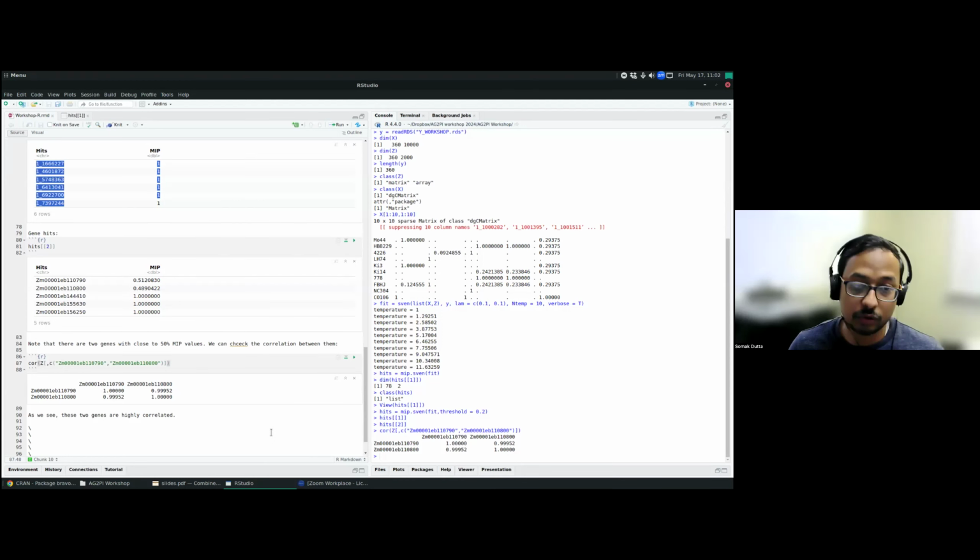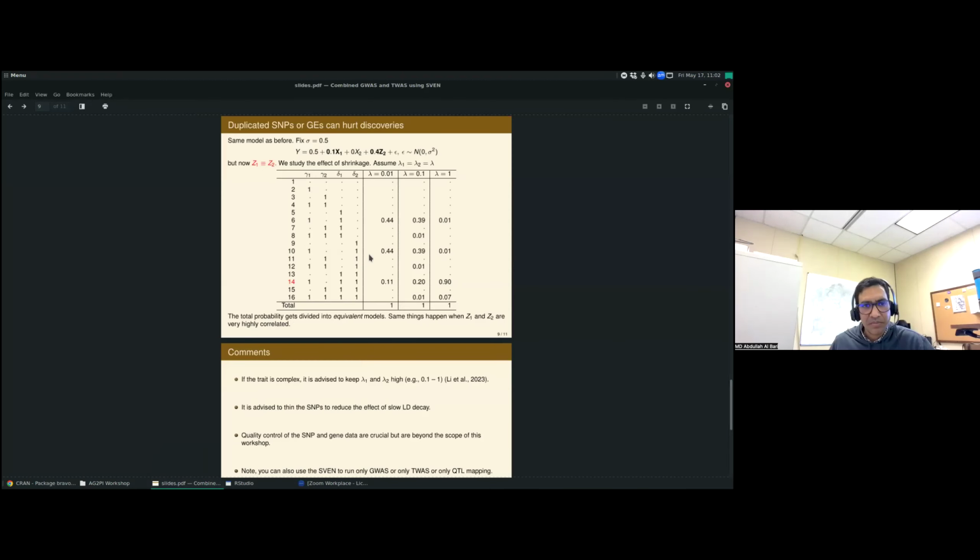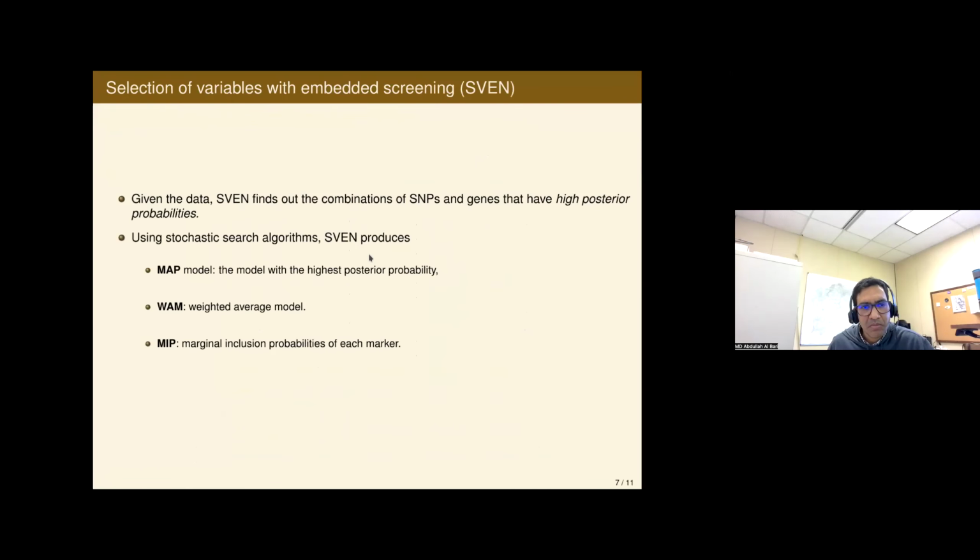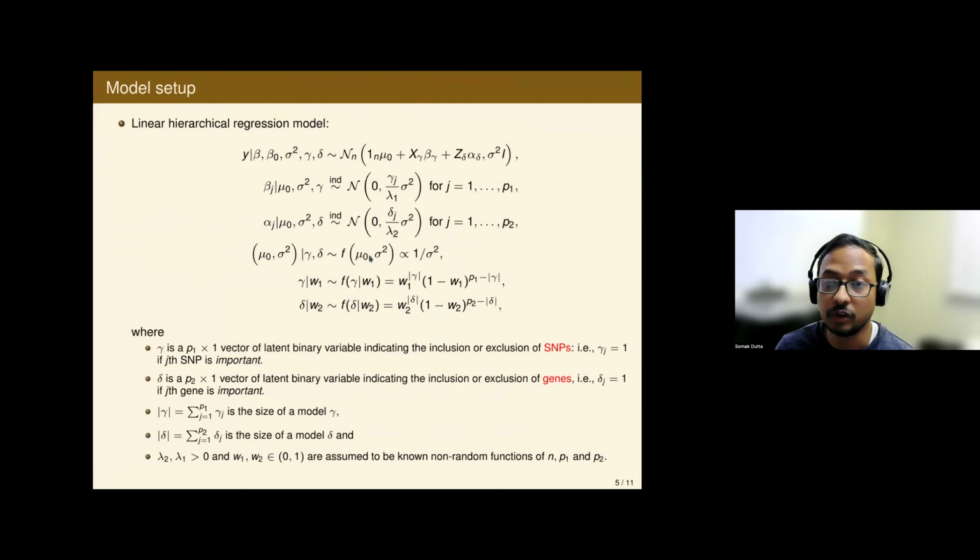That's a very good question. In the model, how are we incorporating the effect sizes? Effect sizes are incorporated in the model through this distribution on the coefficients. Each SNP has its own coefficient, beta j, and each gene has its own coefficient, alpha j. So the beta j's and alpha j's give the effects.